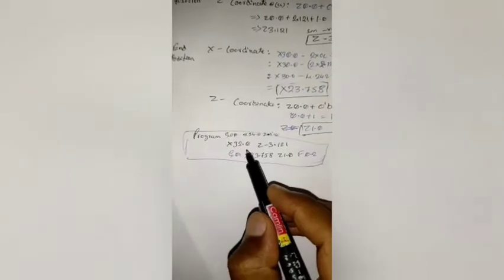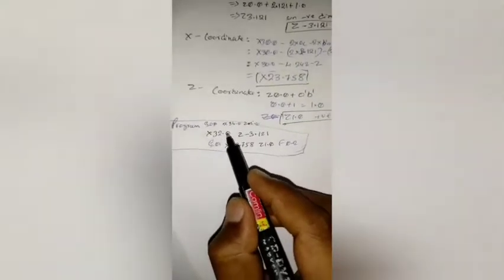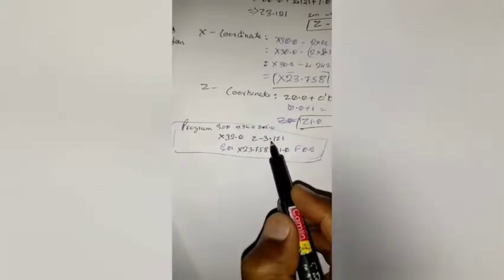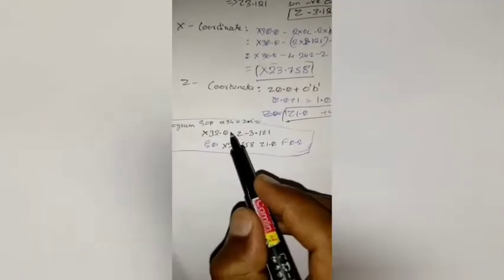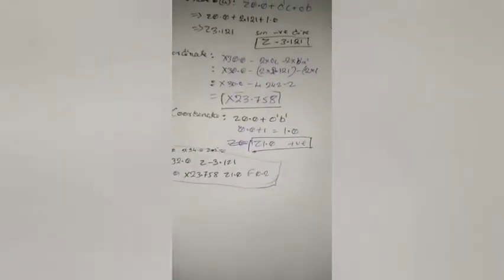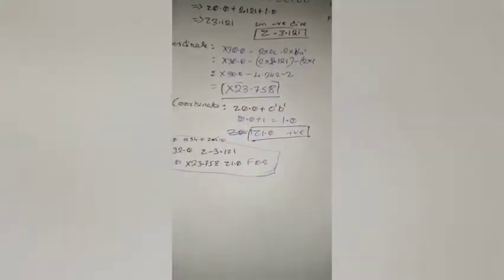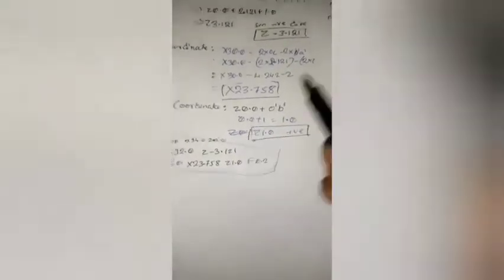So X 32.0 is known. From here to here it will reach X 32.0, Z minus 3.121. This is a small motion in rapid. From here the cutting tool will start cutting this chamfer. It will cut along this line.